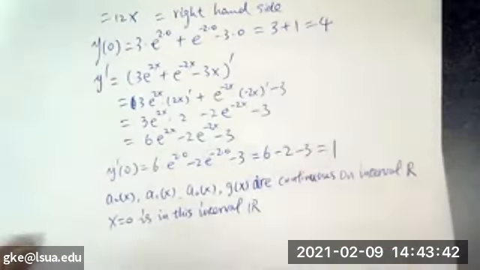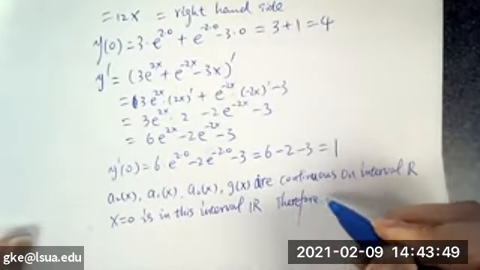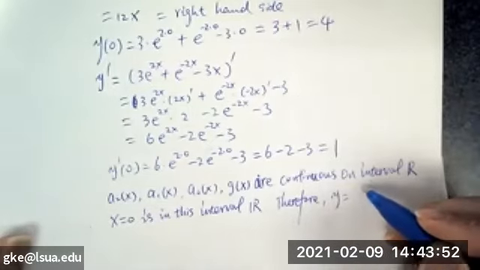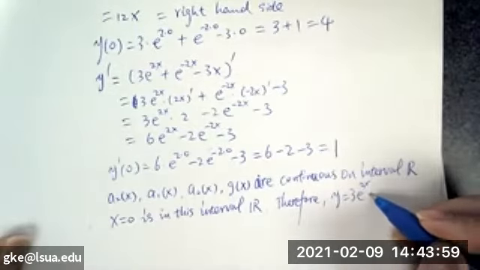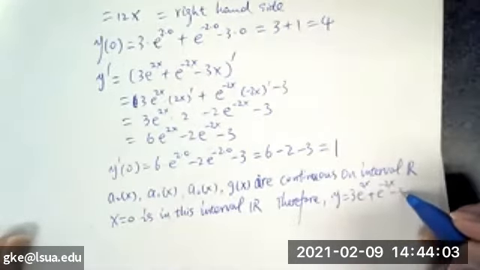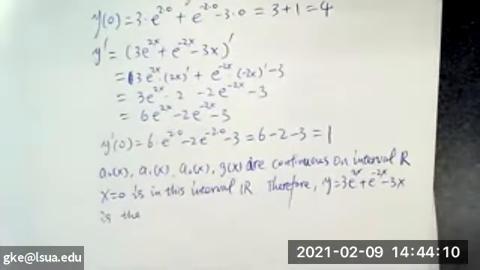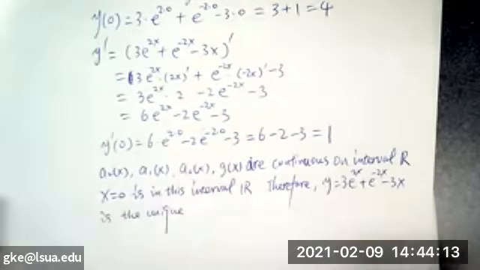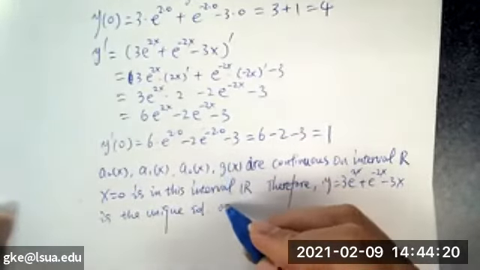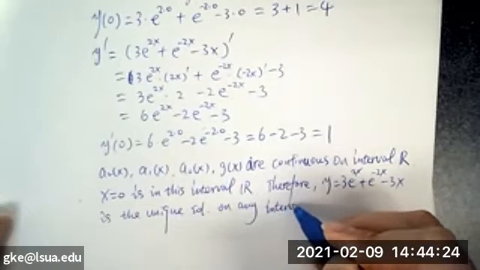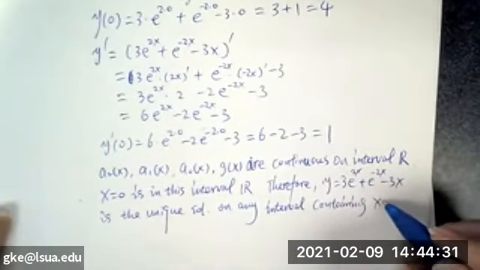Therefore, y equals 3e^(2x) + e^(-2x) - 3x is the unique solution on any interval containing x equals 0.